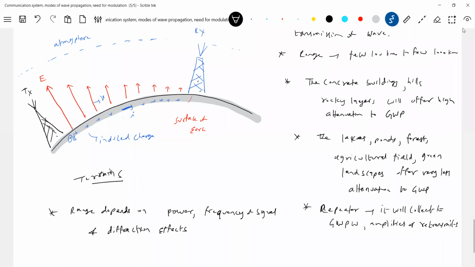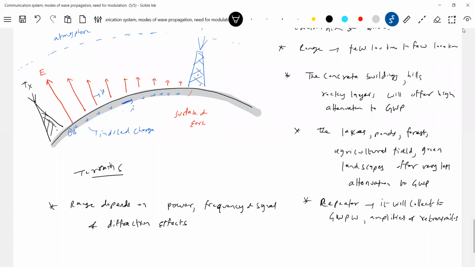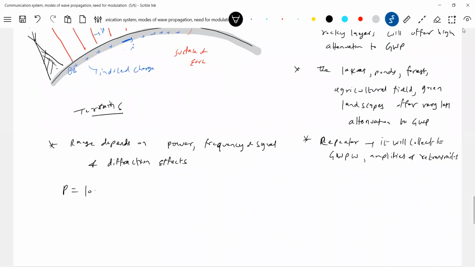So first we'll go for the power, frequency, range, all those things, and then we'll get a better idea. Now if the power of a transmitted wave is say 100 watt, the frequency is 2 megahertz, then the range will be 800 kilometers. I think it's not a small thing.